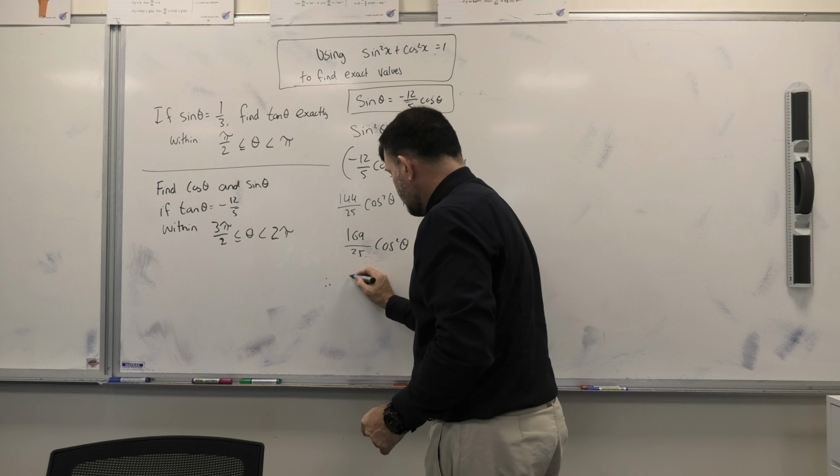So if we have that here, we now get to get cos by itself. So therefore, square root both sides, cos theta is now equal to 5 over 13, plus or minus.